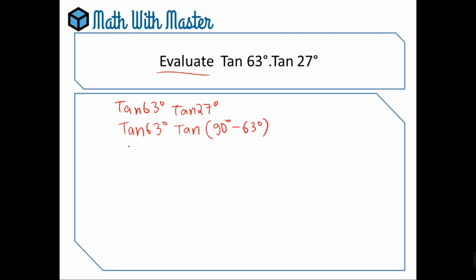So now tan 63° is multiplied with cot 63°. Tan(90° − θ) is cot θ, and cot θ is 1 upon tan θ, so 1 upon tan 63°. Here tan 63° and tan 63° will be cancelled and the answer will come 1.